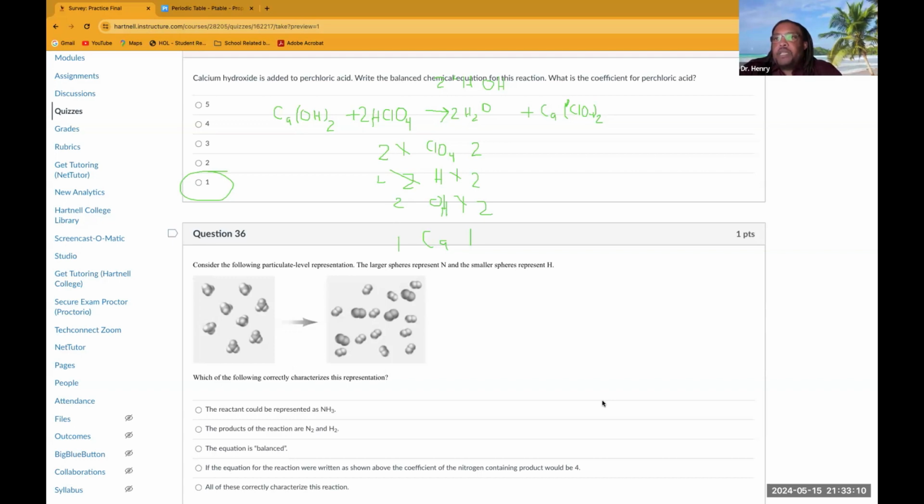B, the products of the reactions are N2 and H2. C, the equation is balanced. D, if the reactants were written as shown above, the coefficient for nitrogen containing product would be 4. E, all of these correctly characterize this reaction?